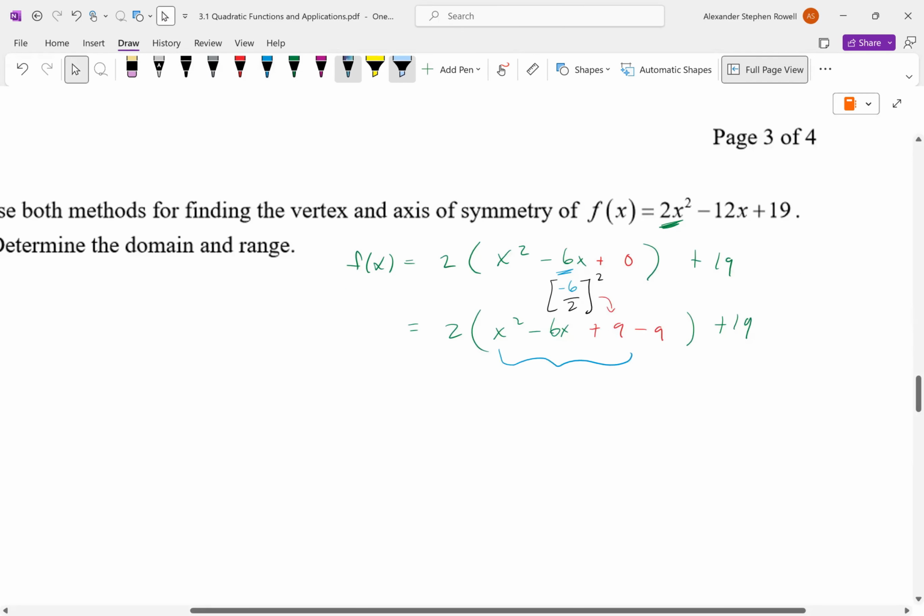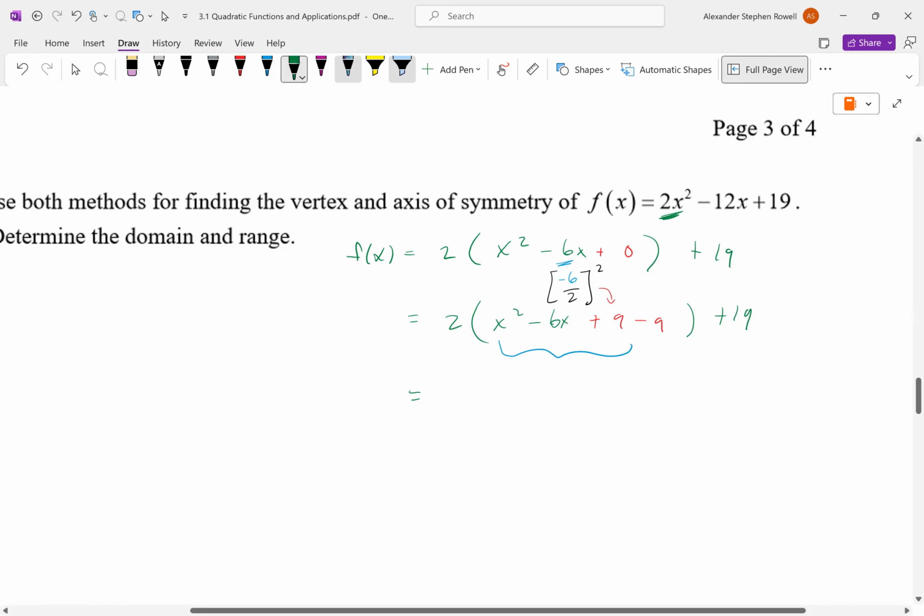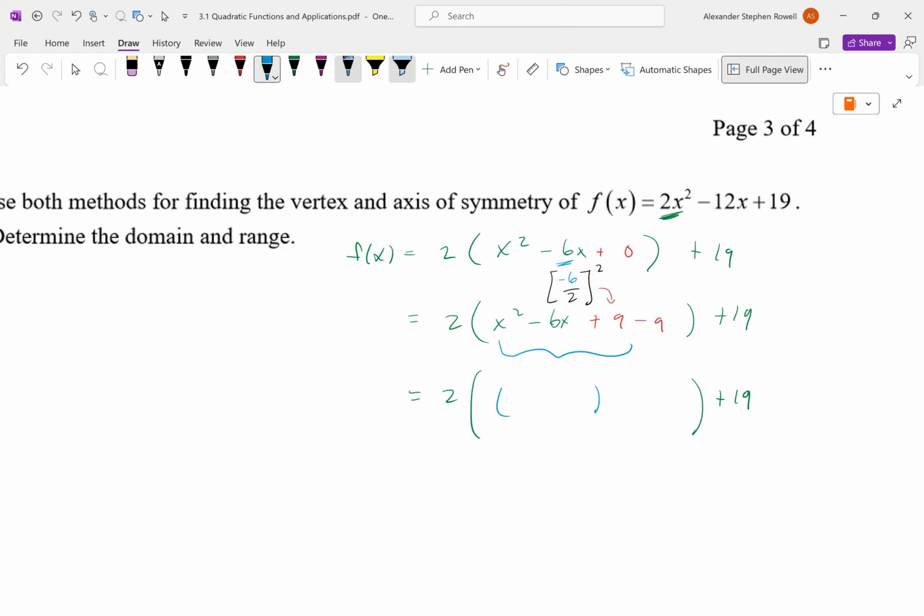We add the plus 9 because now this is a perfect square. So it's what squared? You take half the -6 to make -3. X minus 3 squared. And then, so that used the plus 9, but I still have the minus 9. Any questions about this? What's the next step? Yeah, distribute the 2.